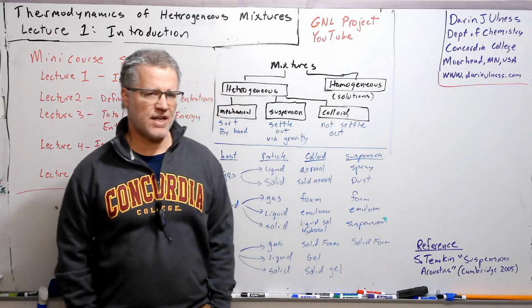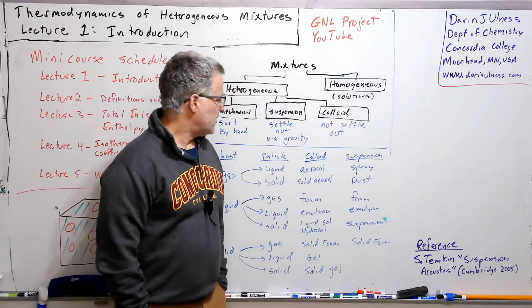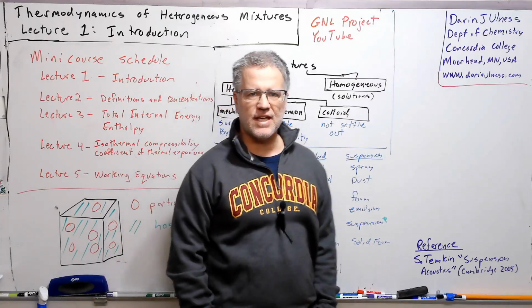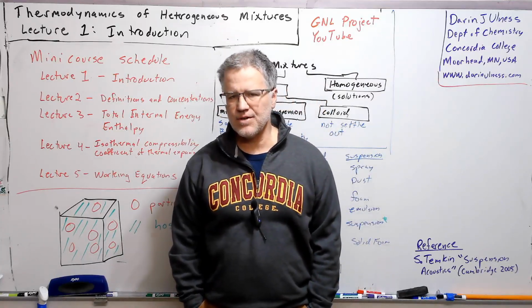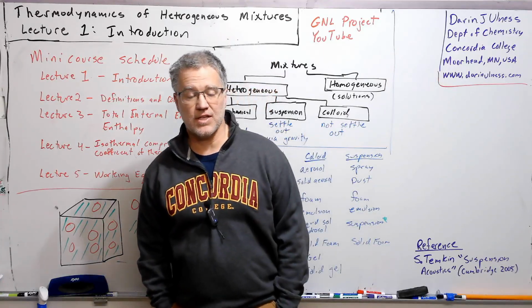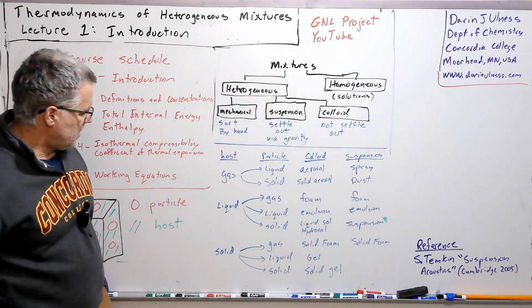So we're not going to be talking about any kind of surface charge or anything like that. So in my mind, when I think about this, I'm mainly thinking of some kind of solid in water or in some other liquid. But it certainly doesn't have to be that.